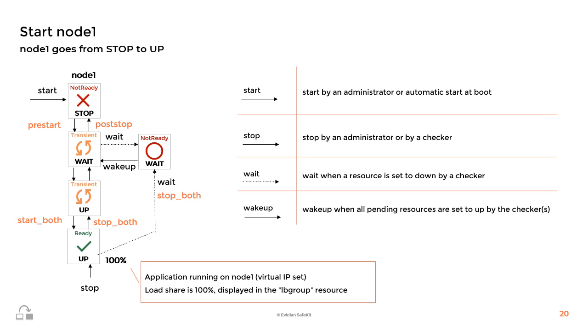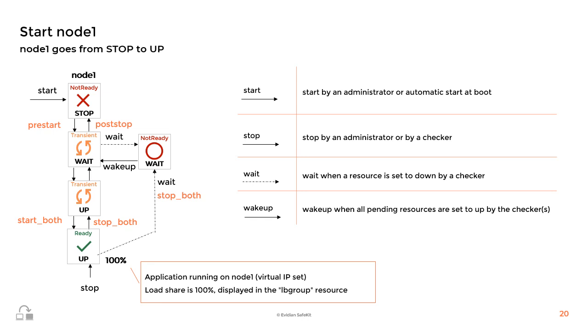Then, the startboth script is executed to start the application, and the state is up orange. After the execution of the startboth script, the module is in the stable up green state, taking 100% of the traffic, meaning that the virtual IP is set and the application is running. The module can be put in the wait red state if a resource is set to down by a checker.